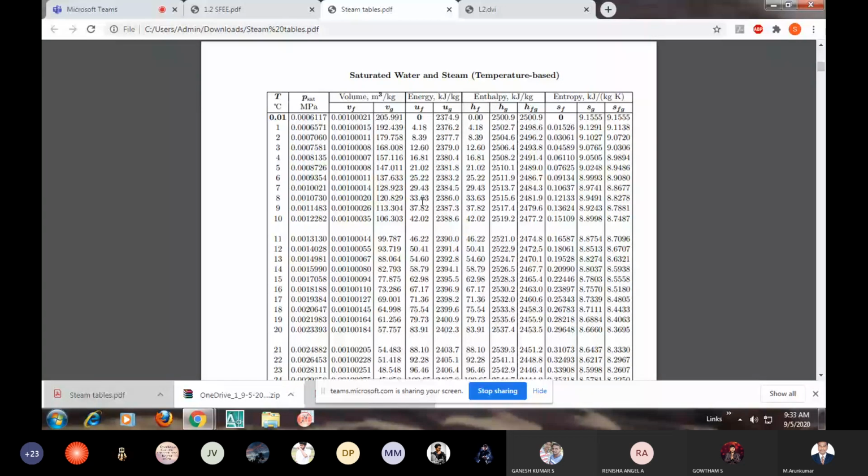If that direct value is not available, we have to interpolate. We have to use the formula for interpolation. Just keep in mind, we can take approximately values in between these two.